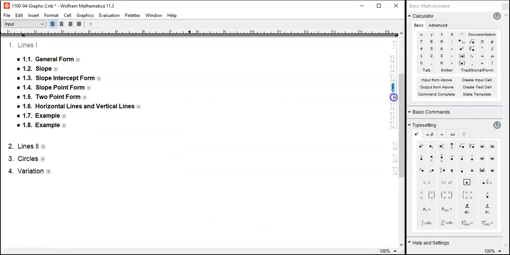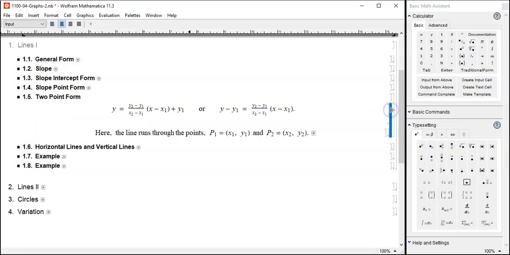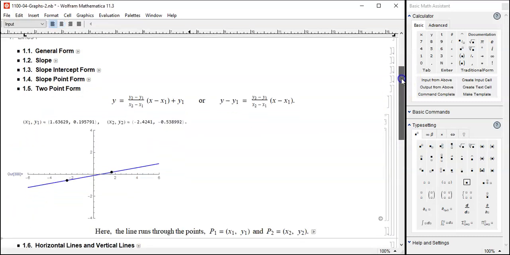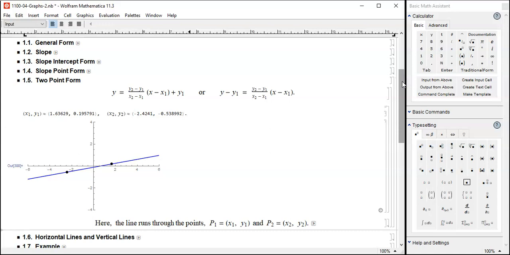Next, 2-point form. We have a pair of points, P1 and P2, with coordinates (x1, y1) and (x2, y2). And the line that runs through these 2 points can be written like this, either the first form or the second form. The difference, of course, is flipping this y1 to the other side. Otherwise, identical.